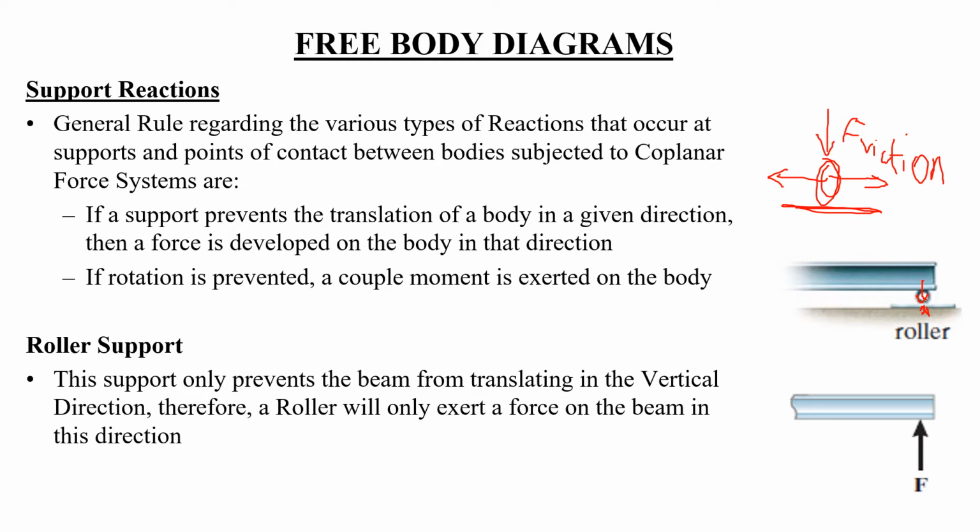It doesn't move because theoretically it is a rigid body and it should not deform. Realistically, it depends on the material of the body, but if we are talking about a steel roller, then this assumption is mostly correct. So when we talk about a roller, we can just simply replace this roller with a force F which is acting on this beam. Which is written here as well.